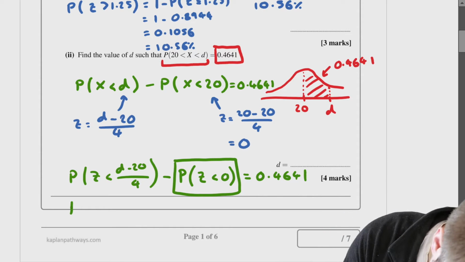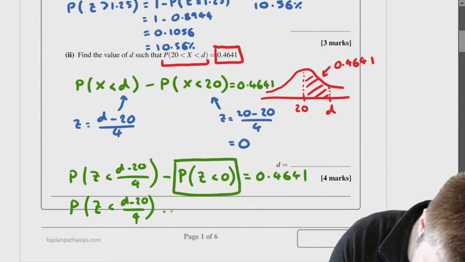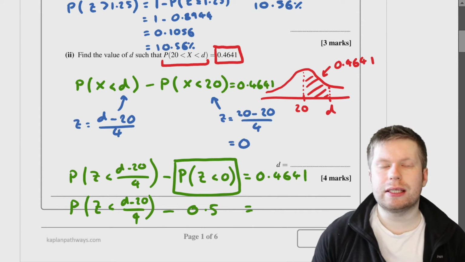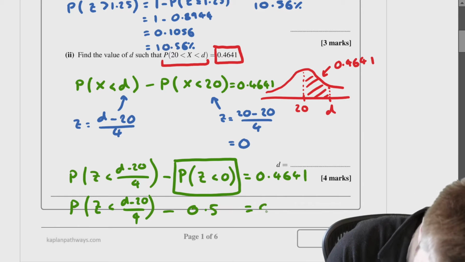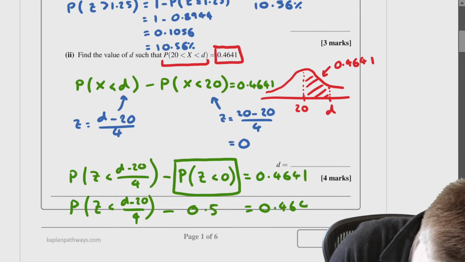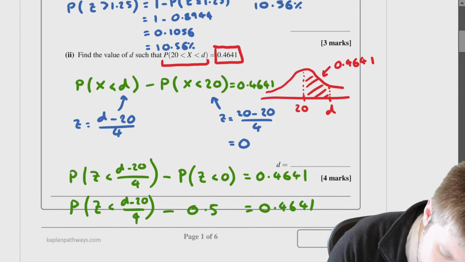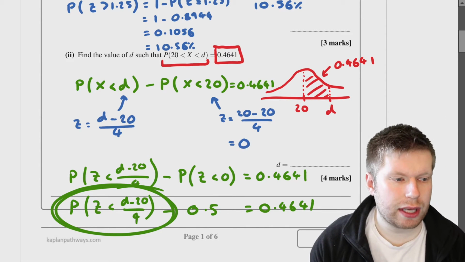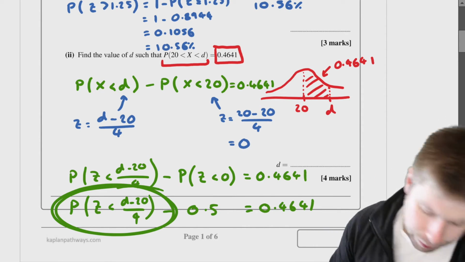So I've got the probability that z is less than d minus 20 over 4, I'll work with that in a second, but then I minus 0.5 from that, because I know the probability that z is less than 0 is 0.5, and that should be equal to 0.4641. Now clearly this is the thing that I want to calculate. So here's what I'm going to do.